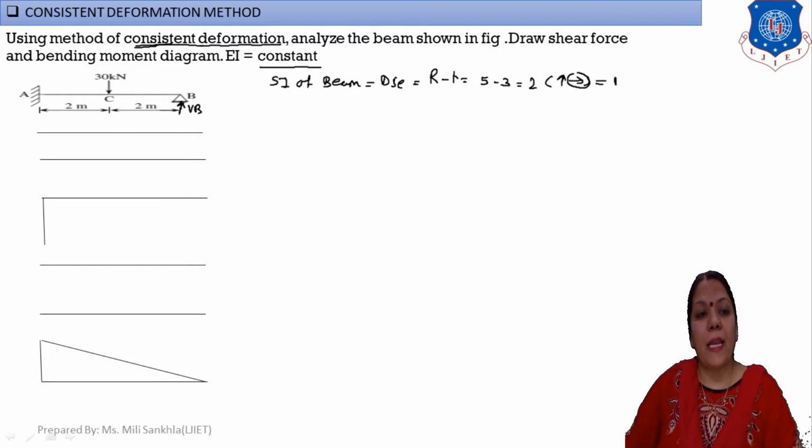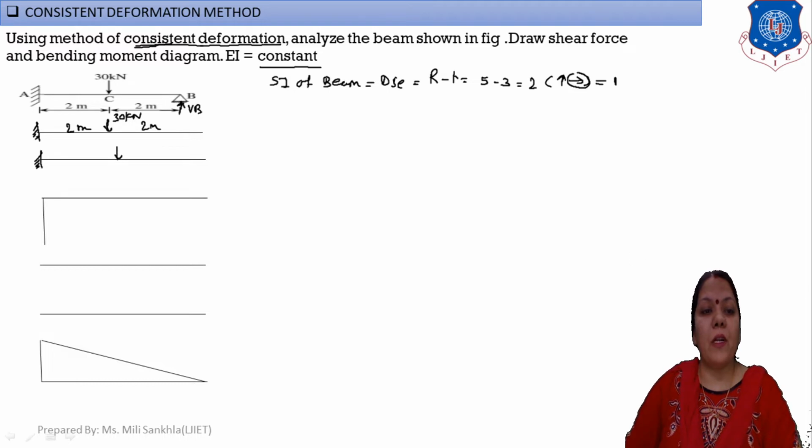Now in the second case, again we draw the propped cantilever beam, subjected to a load of 30 kilonewton. In the second step we release this unknown reaction VB, and this beam is converted into a statically determinate structure. Next, in the third step, again we draw this beam, now converted into a cantilever beam.